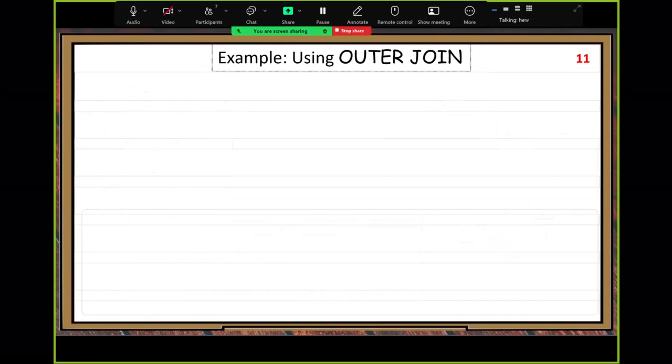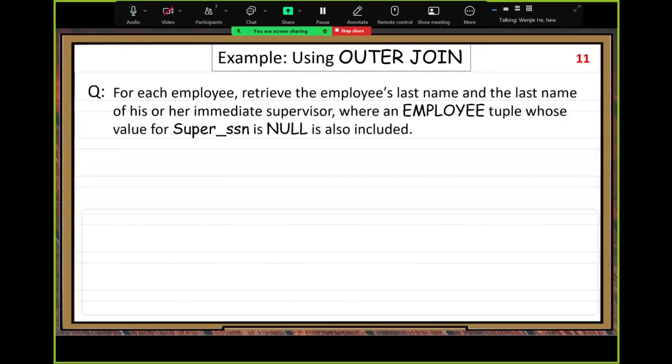Example using outer join. For each employee, retrieve the employee's last name and the last name of his or her immediate supervisor. So employee and the supervisor's last name.